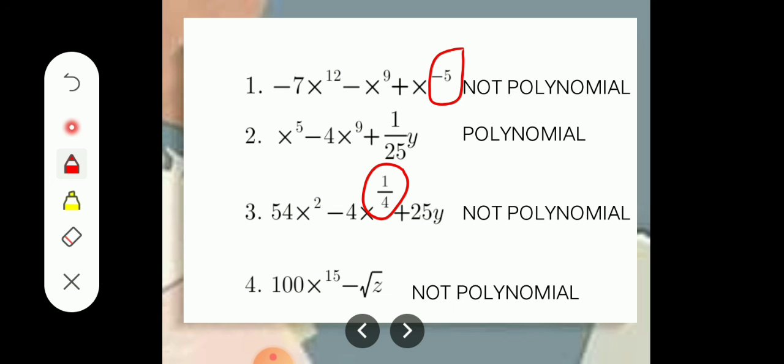In our second one, there is no fraction exponent. Okay? So, number 4, 100x to the power of 15 minus the square root of z. Not a polynomial because there is a variable inside the radical sign.